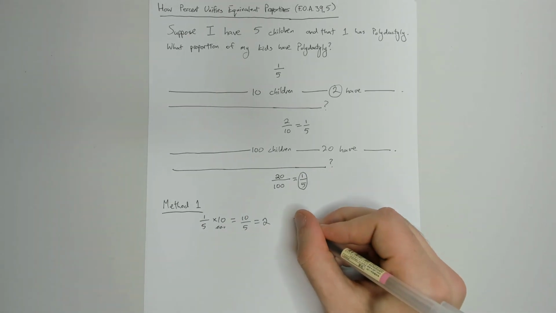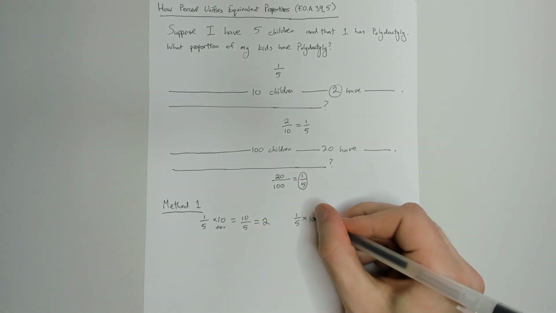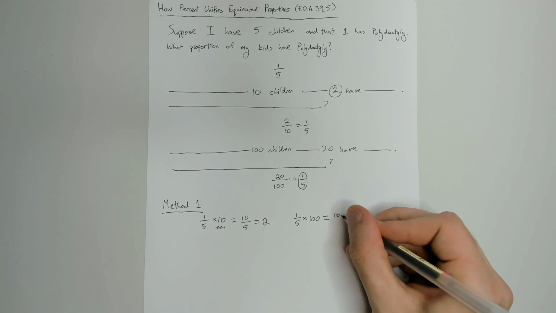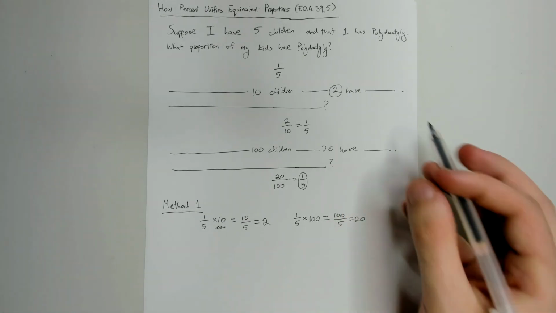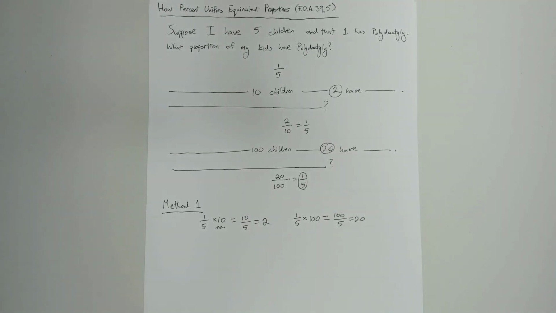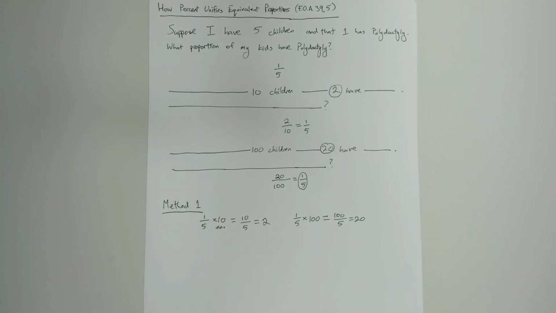Similarly, if we apply 1/5 to the situation where I have 100 children, that's 100 over 5, which is 20. That recovers what we had originally. So if we know what the total is, whether it's 10, 100, or 50 children, we can apply this proportion and figure out how many of my children have polydactyly. That's our first method for dealing with the simplified fraction losing some information.